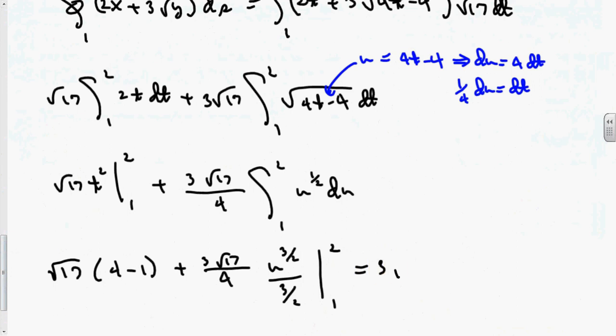So this is 3 times the square root of 17 plus, the 3's cancel out, I have left 1/2 times the square root of 17, and this is 4t minus 4 to the 3/2, evaluated from 1 to 2.